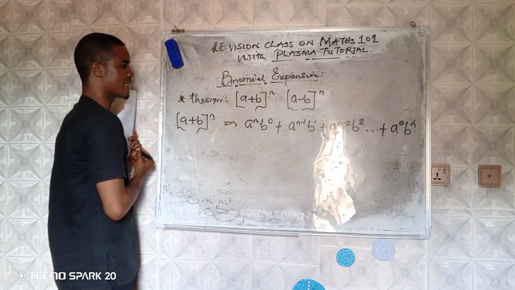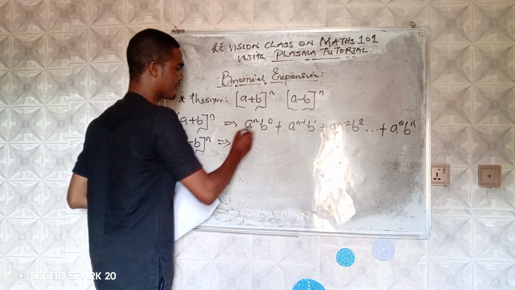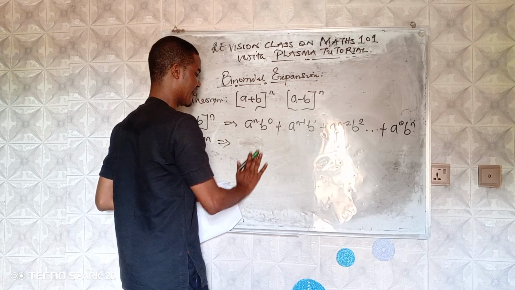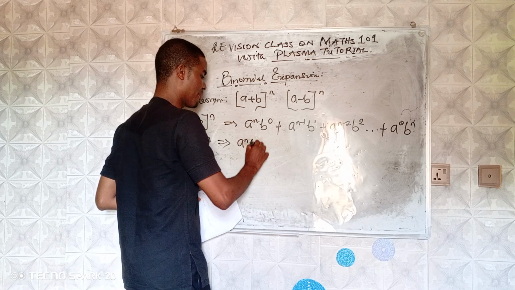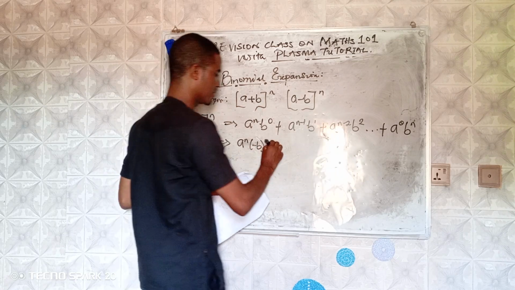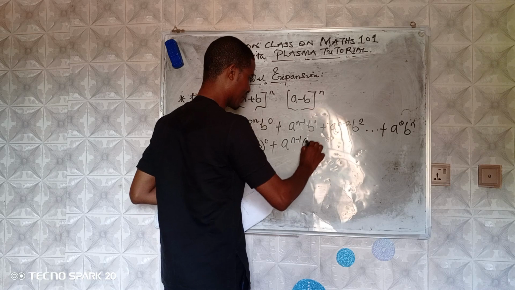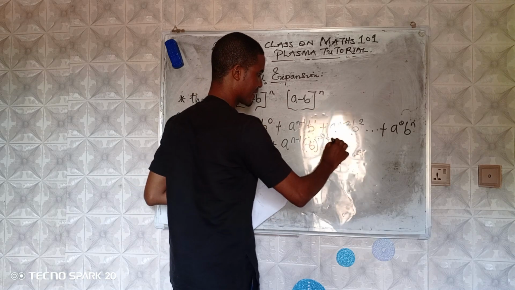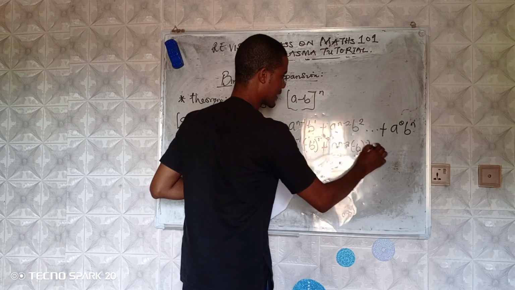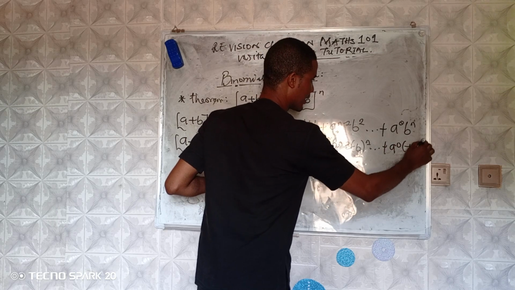The same thing applies to (a minus b), it's just the sign, so take note of that. (a minus b) means a to the power n, then minus b to the power 0, plus a to the power n minus 1, then minus b to the power 1, plus a to the power n minus 2, then minus b to the power 2. And this will continue to plus a to the power 0, then minus b to the power n.